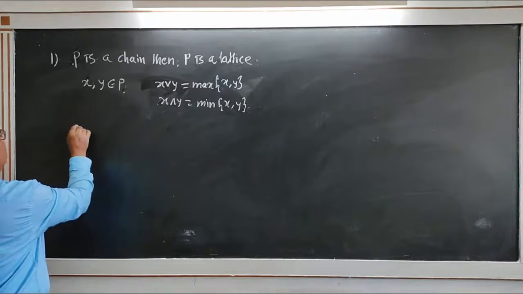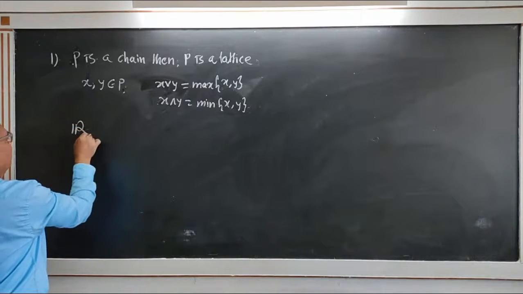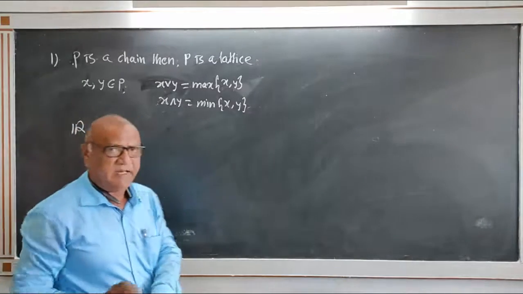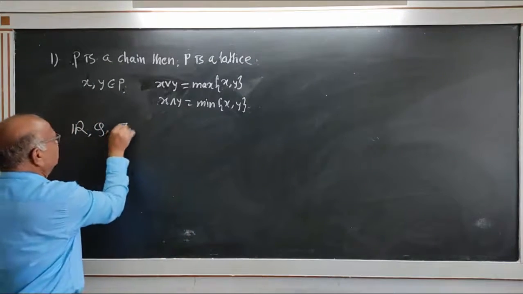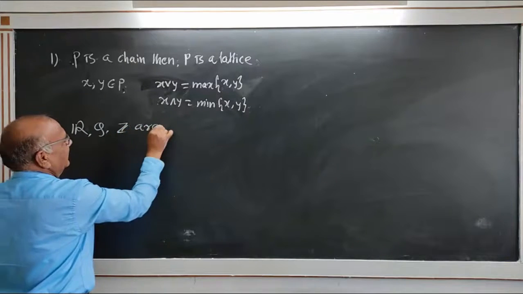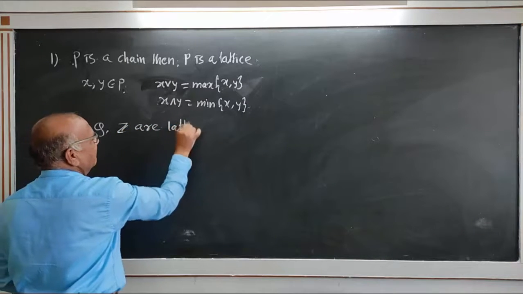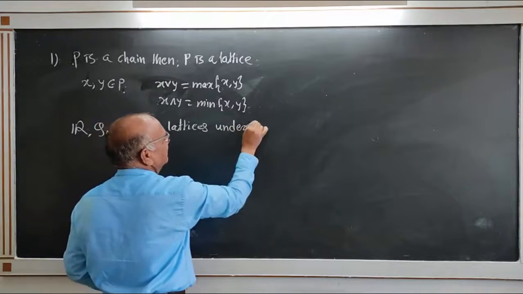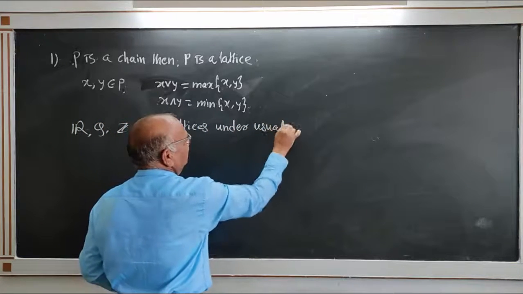Here, the real numbers, the rationals, and the integers are lattices under the usual order.